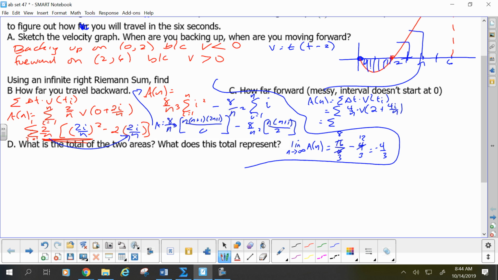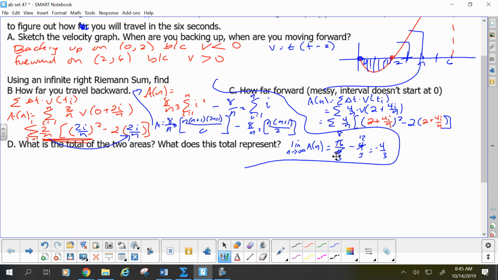Here's where we start to get ugly. The function is blank squared, leave big parentheses because we're going to put that whole sum in, minus 2 blank. And what x or t are we putting in each time? In this case, we're putting in 2 plus 4i over n each time.